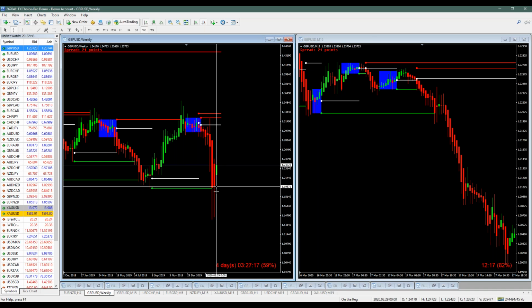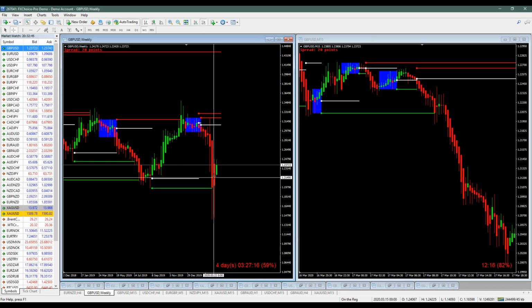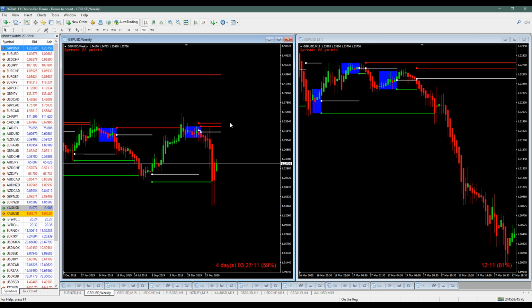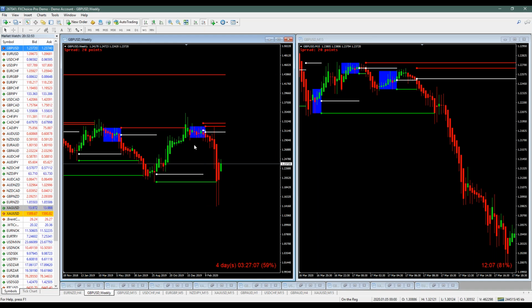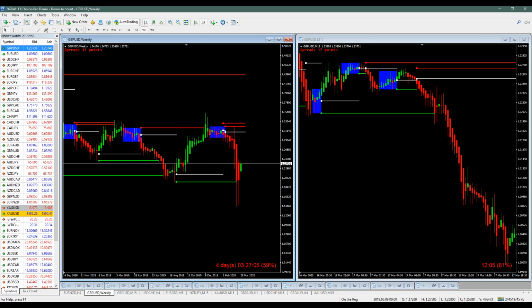It's always interesting when you see these liquidity lines and the candles form like that. Very interesting stuff. Anyway, I get a lot of questions like, how do you manage doing some of these trades on a larger time frame? How do you manage your risk, and what are the differences?